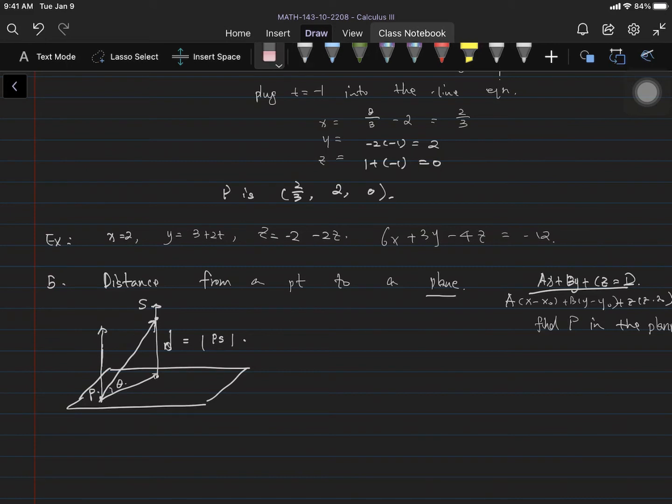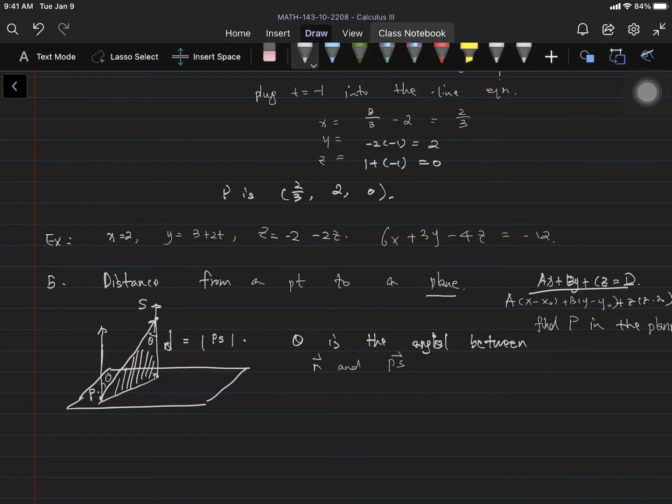So we set theta as the angle between PS and the normal vector. It should be here or here. You can do any method because it's a parallelogram, it doesn't matter too much. Theta is the angle between the normal vector and the PS vector.